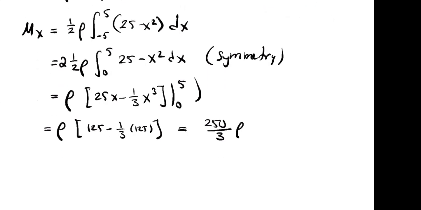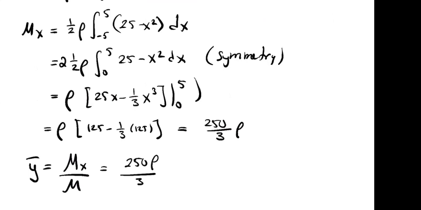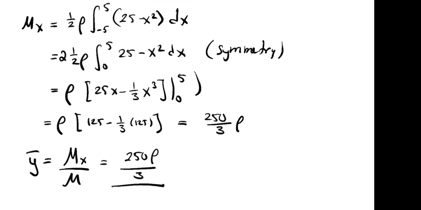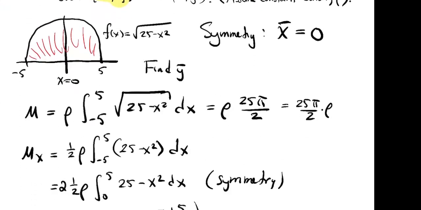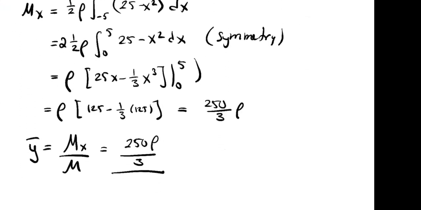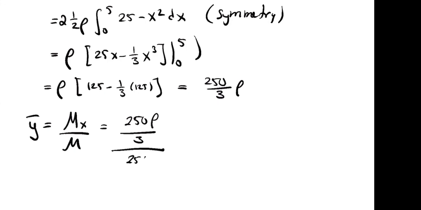So we complete the calculation by saying, okay, well, y bar is what we just computed, mx over m. So that's 250 rho over 3 divided by, I've got to scroll back to look at it. What was our m? Our m was 25 pi over 2 times rho.